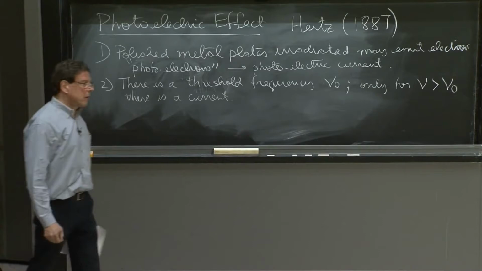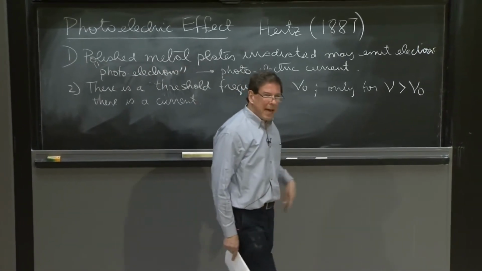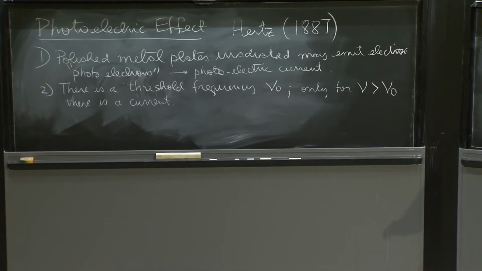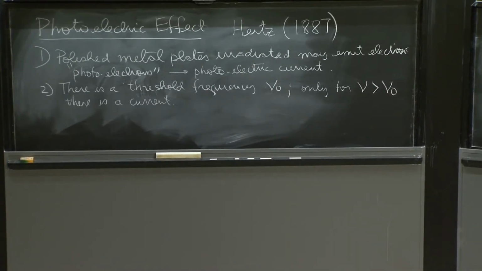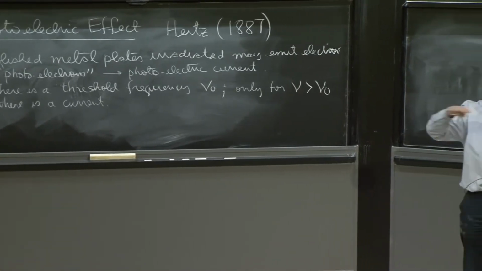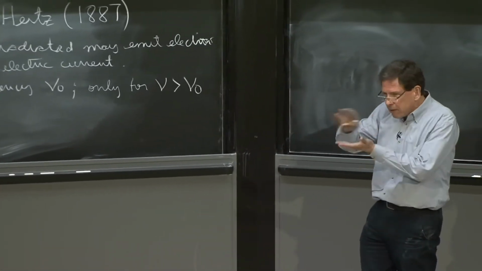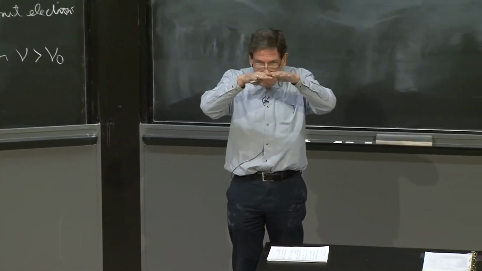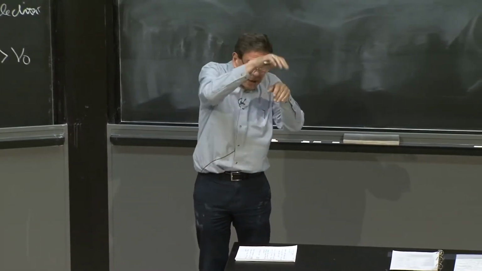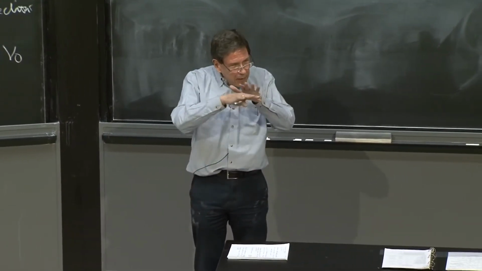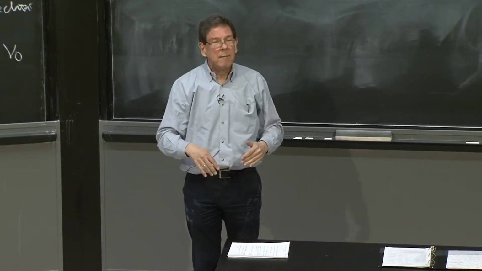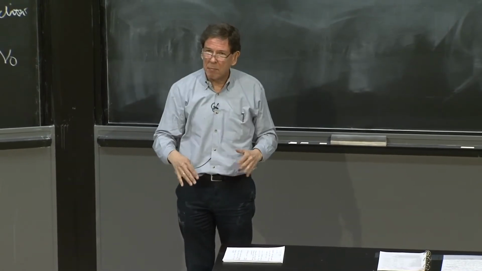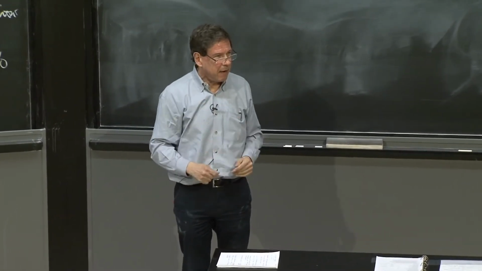Now, as it turned out, nu zero depends on the metal you're irradiating. And even more, it's a complicated thing to calculate. It depends on the surface of the metal, so that's why Hertz apparently had to polish the metal. And this frequency, if the metal is irregular, may depend on where you shine. So you better prepare the metal very nicely, and it may even depend on the crystalline nature of the metal, because it's a many-body effect.